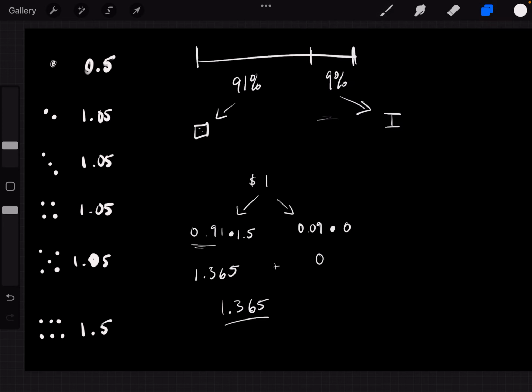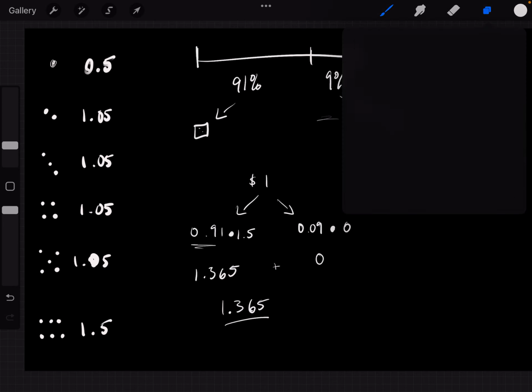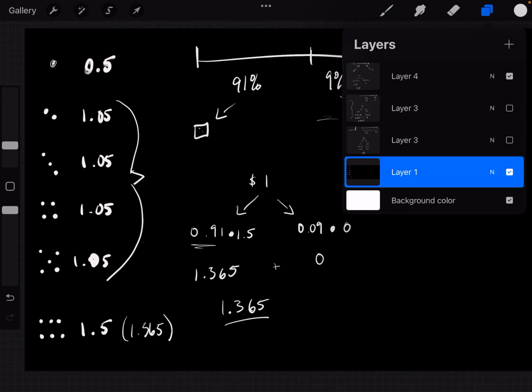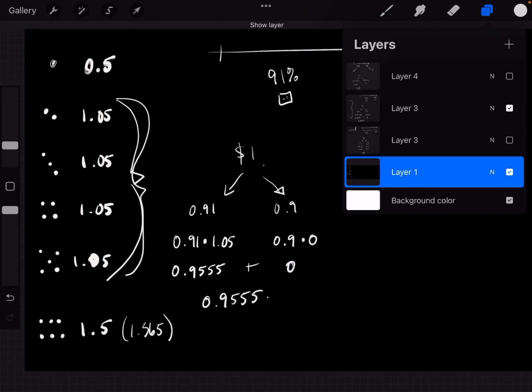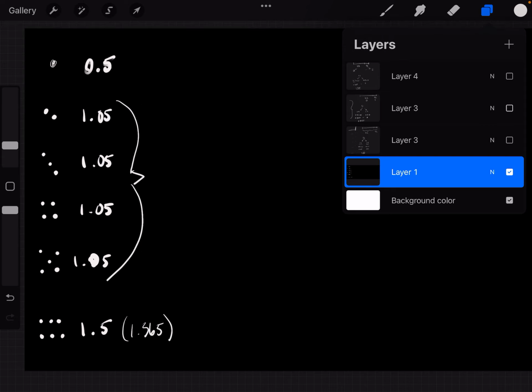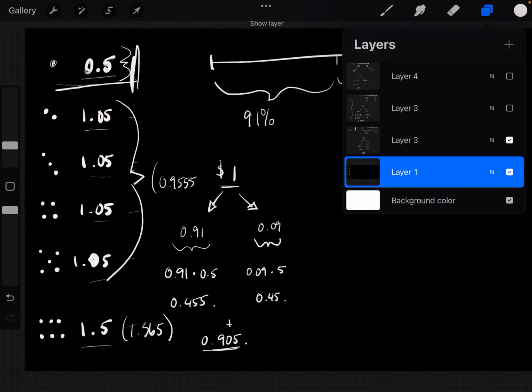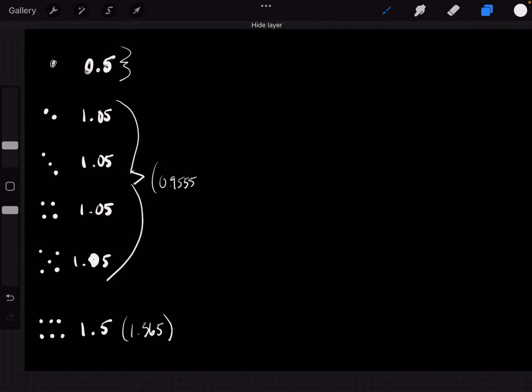This is for a 6, 1.365, and for a 2, 3, 4, 5 it is 0.9555, and for a 1 it is 0.905.